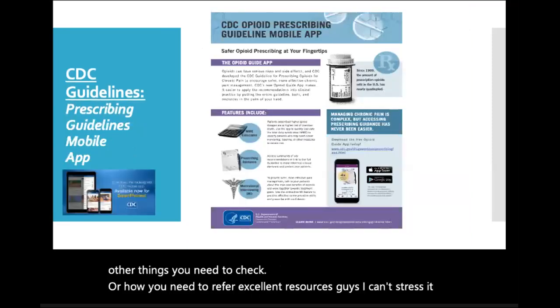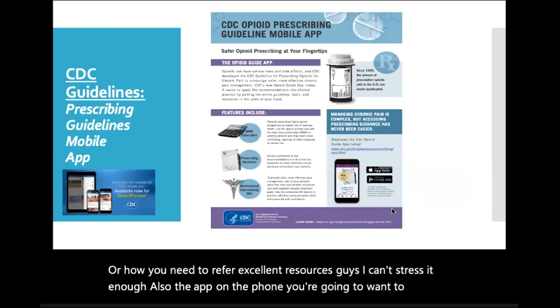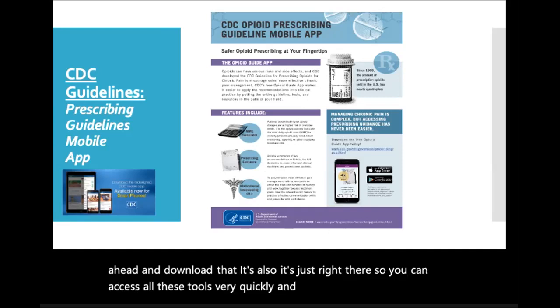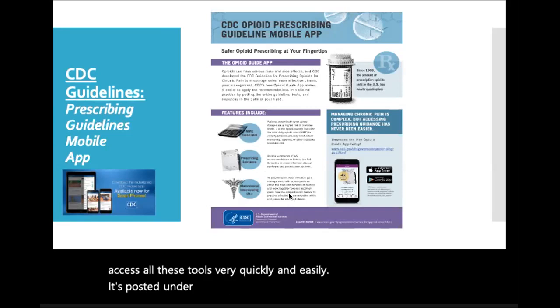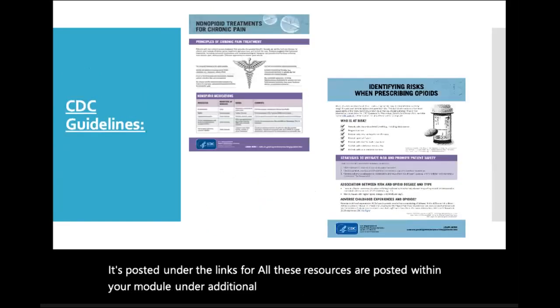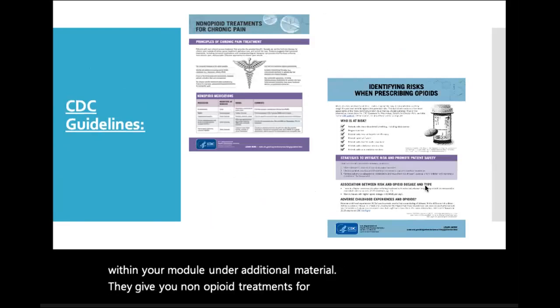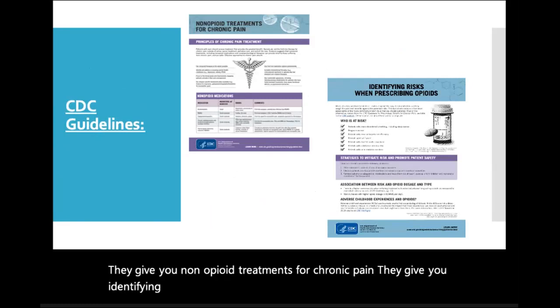Also, the app on the phone, you're going to want to go ahead and download that. It's just right there, so you can access all these tools very quickly and easily. The links for all these resources are posted within your module under additional material. Okay, they give you non-opioid treatments for chronic pain. They give you identifying risk when prescribing opioids.